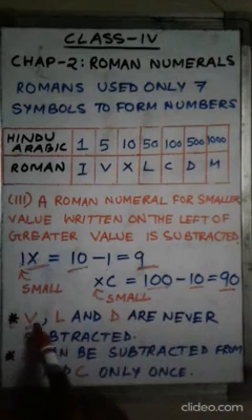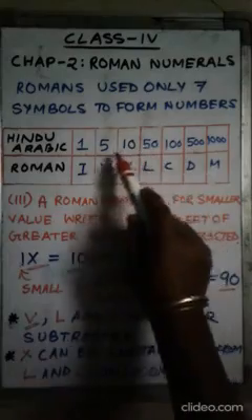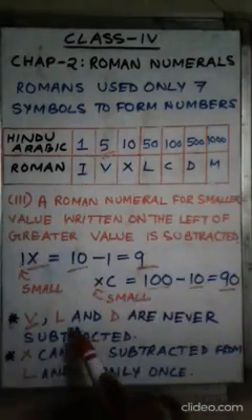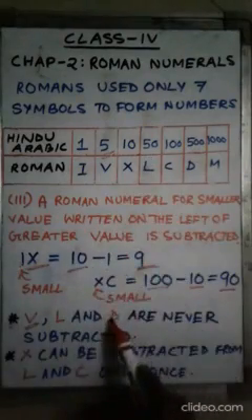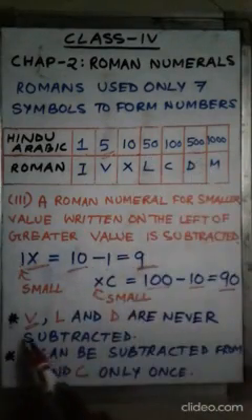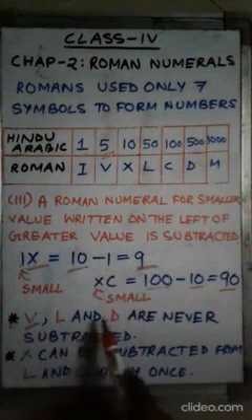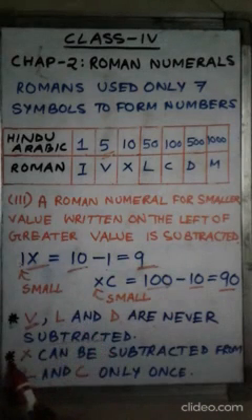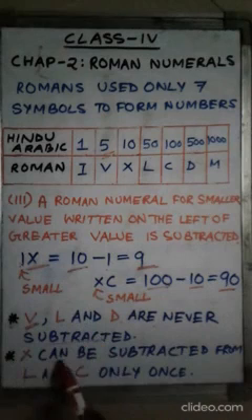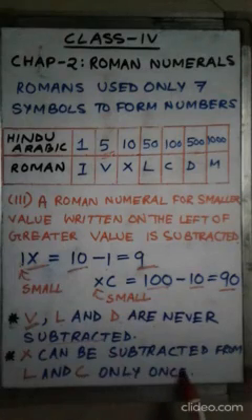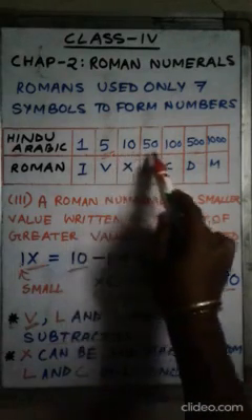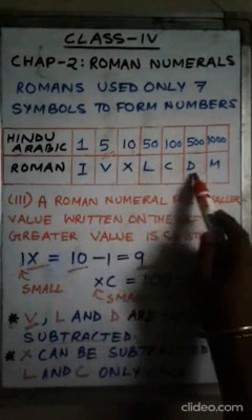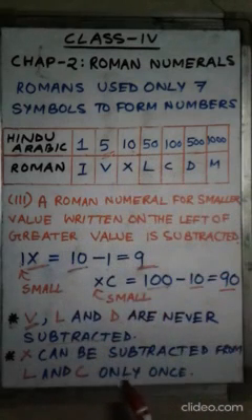You can see for this symbol we have value 5, for this we have value 50 and for this we have value 500. So 5, 50 and 500 are never subtracted. Point number 2: 10 can be subtracted from 50 and 100 only once. So this 10 can be subtracted from 50 and 100, that too one time.